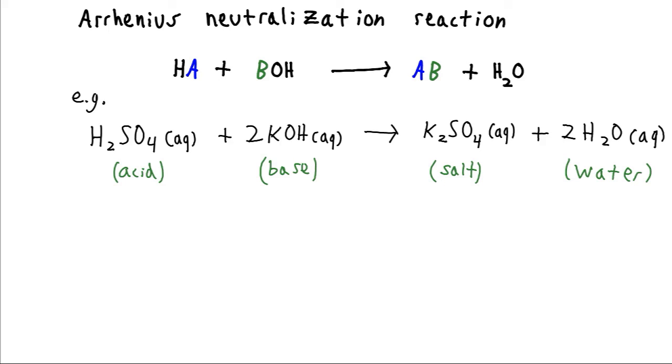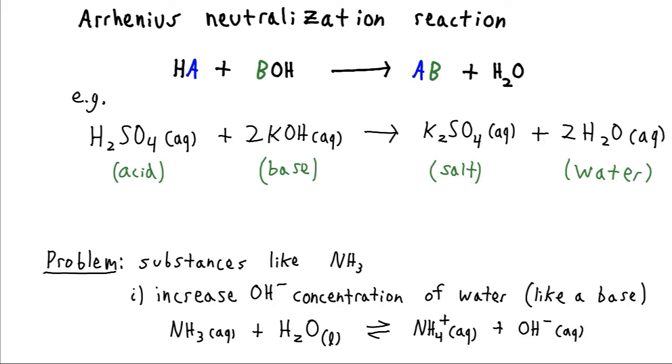Now, there is an issue that we run into as we start to do more and more chemical reactions. We start to run into some interesting compounds like ammonia, NH3. And the reason that this is interesting is because ammonia, if we add it to water, will do something very similar to what an Arrhenius base does.